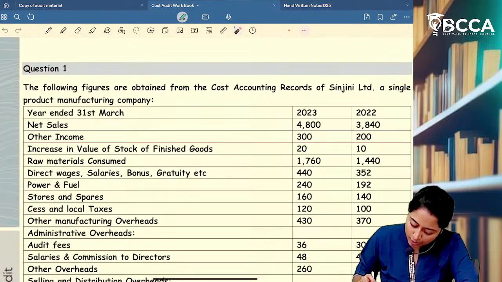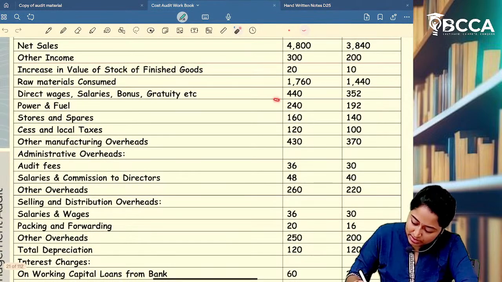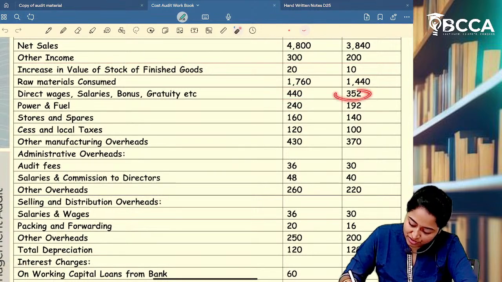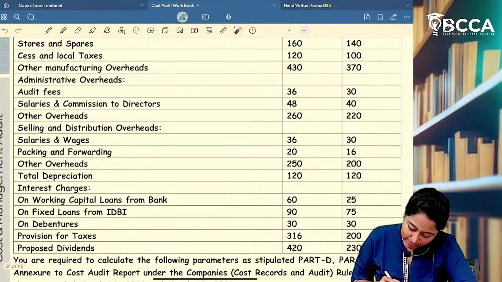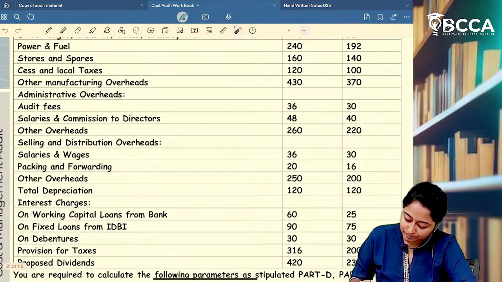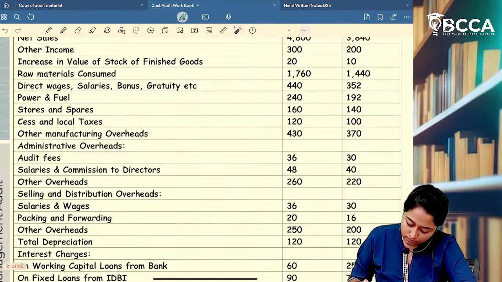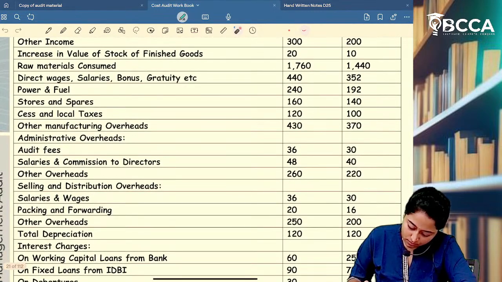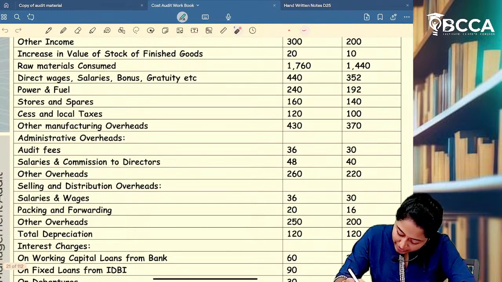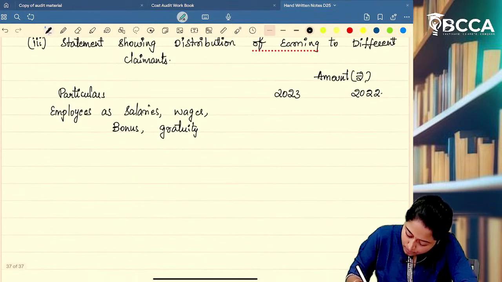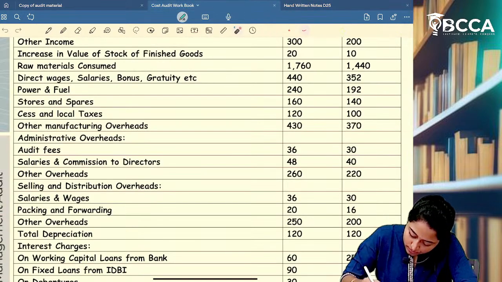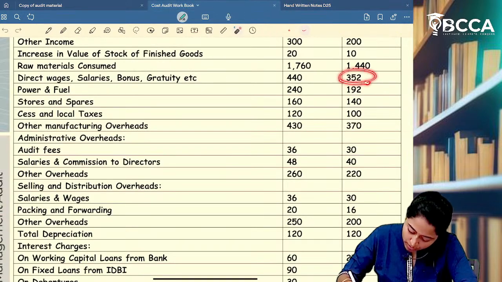Now, how much is the total of salaries and wages? 440, 352, and 48 and 40, and then 36 and 30. 440 plus 48 plus 36. And here it is 352 plus 40 plus 30.